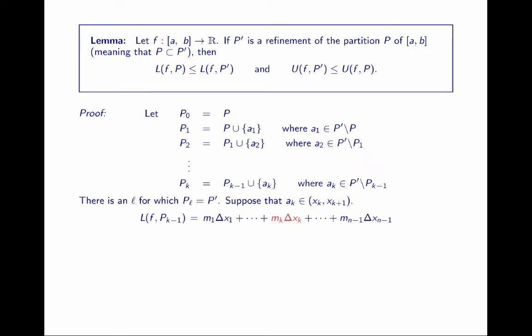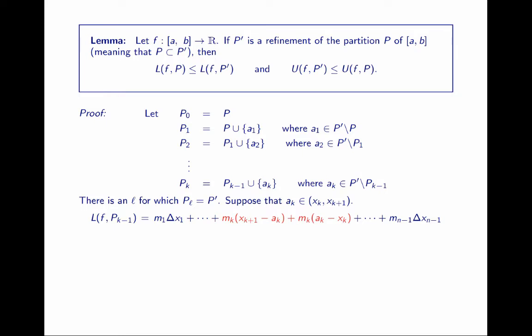So let's analyze that term. Remember that delta x_k is x_(k+1) minus x_k. So I just replace the delta x_k with what it's equal to, which is the subinterval length. Now, let's take that term and add 0, but with style and purpose. We're going to add a_k and subtract a_k.